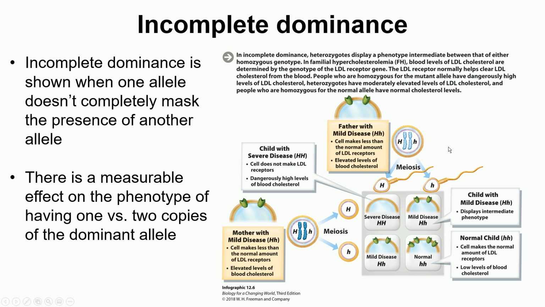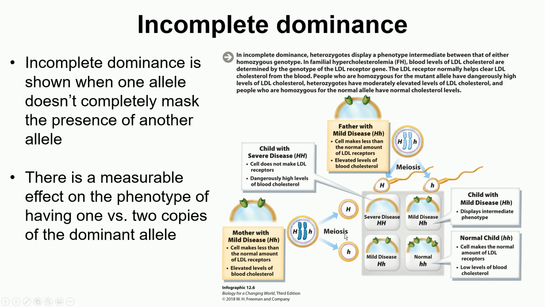So here is an example of a case. This is the father with mild disease, which means one of the alleles is mutant, the other is normal. The mother also has the mild disease, which means one allele is normal, the other is mutated. Here capital H represents the mutant allele, and lowercase h represents the normal allele.